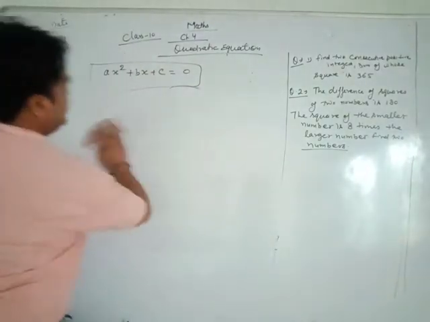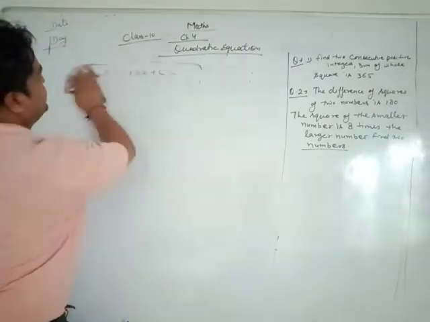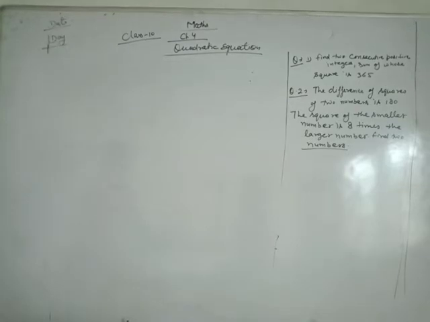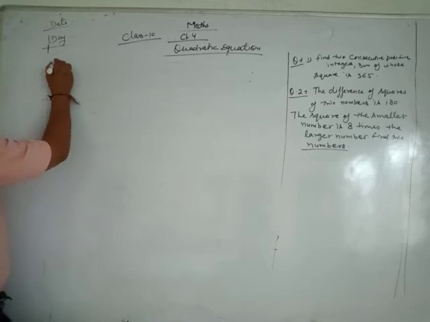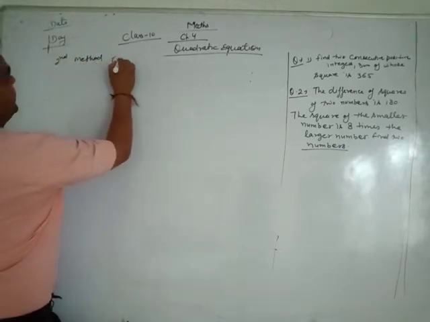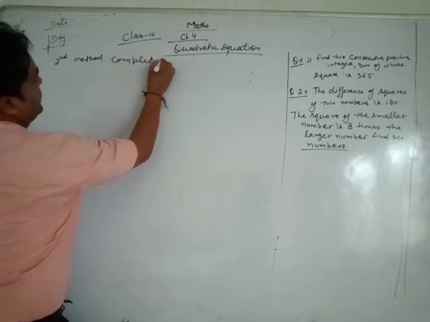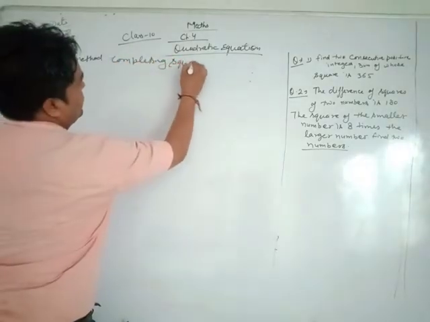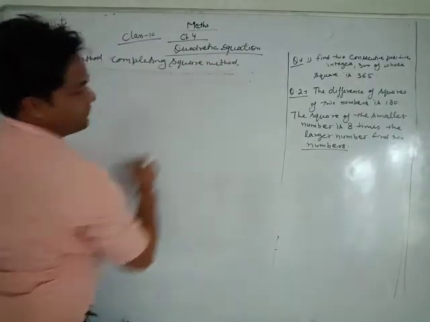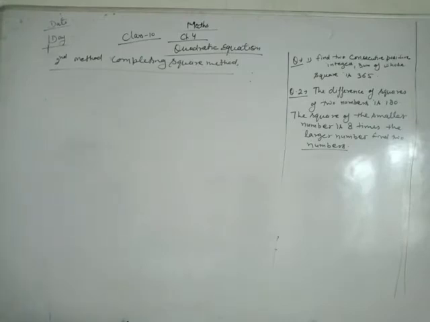It is a very critical method. Today it is the second method: how can we solve the quadratic equation by the completing square method?